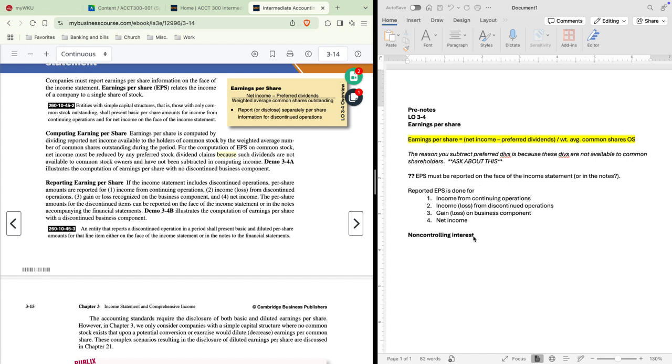But the key here, the big key, is that by the time I get to class where the professor is discussing earnings per share, I've already become at least somewhat familiar with this material. I already have exposed myself to some of the definitions, some of the vocabulary, the formula, some of the ideas.